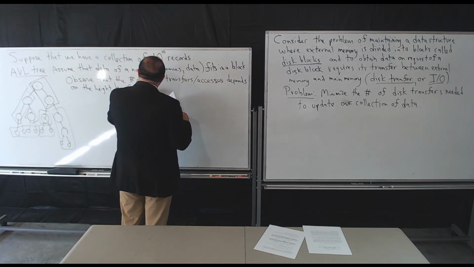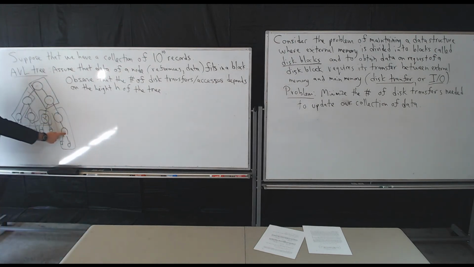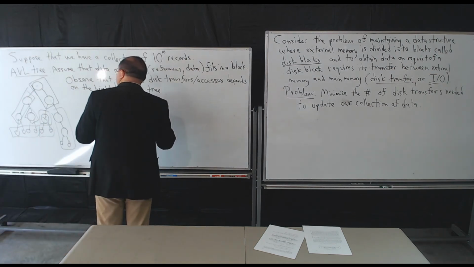Because I could request one way down here, or it may not even exist, and I need to be able to tell you when it doesn't exist, which will go down to a leaf, which at worst could be proportional to the height.